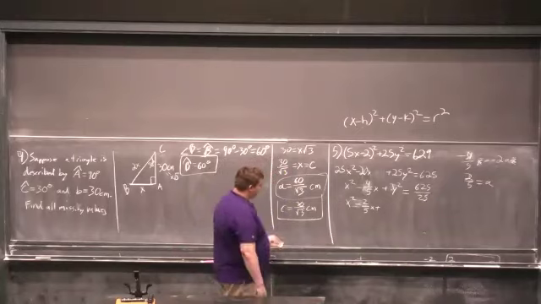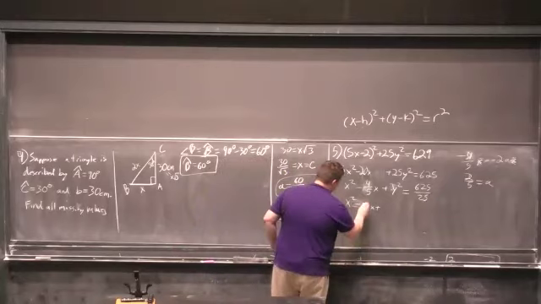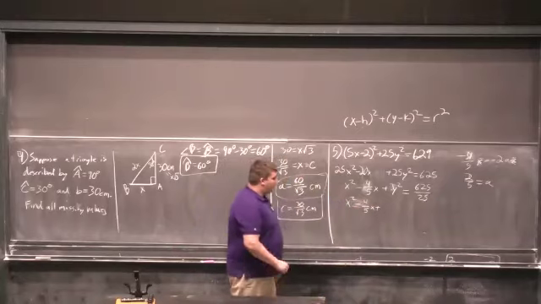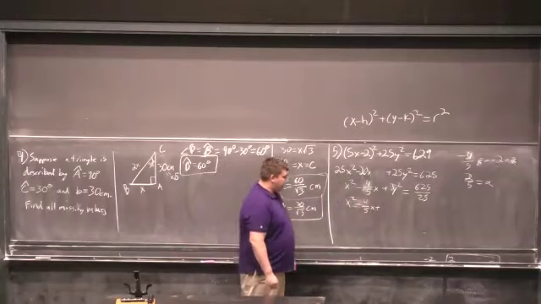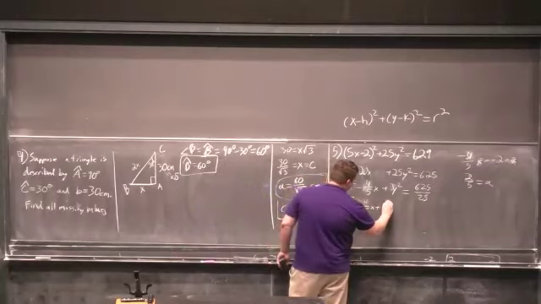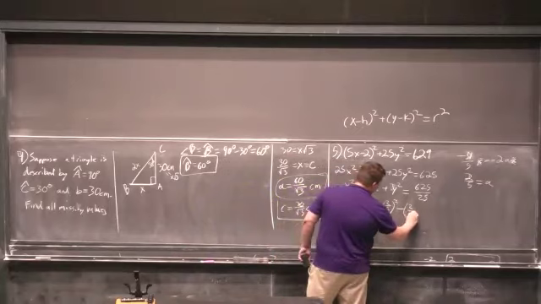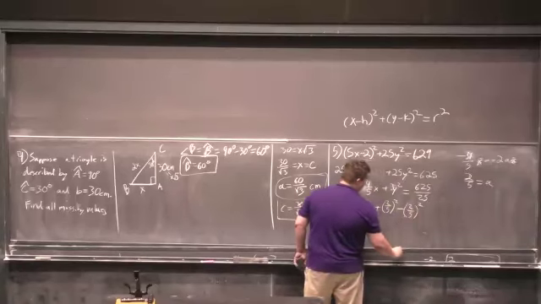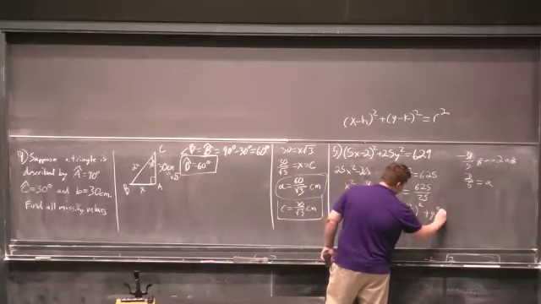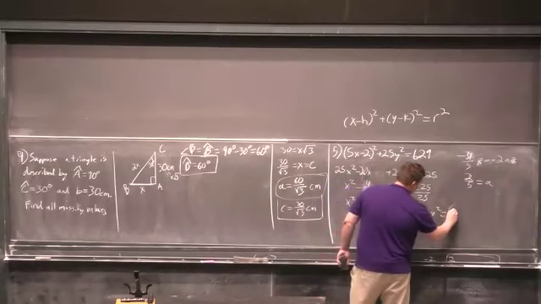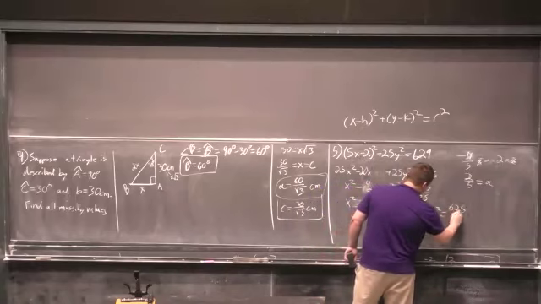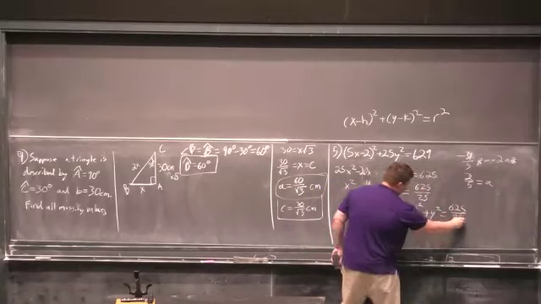Looking at this, we have x squared minus 4/5 x plus, and we want to have 2/5 squared, but we're going to subtract the same 2/5 squared, add our y squared, and this is equal to 625 over 25.